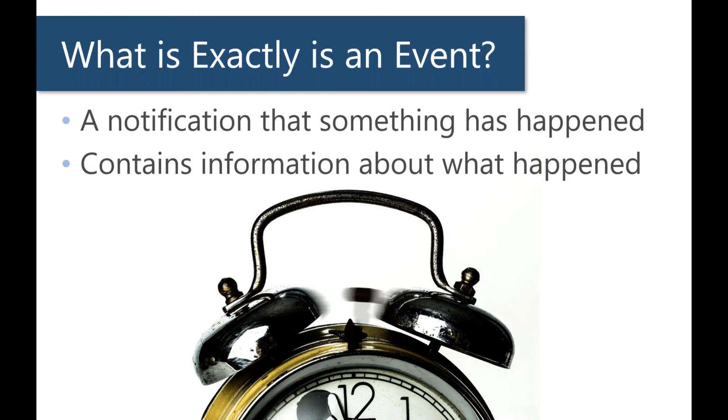If the user presses a key, the browser will let you know which key was pressed. So depending on the event, you'll get different contextual information that'll help you handle that event.